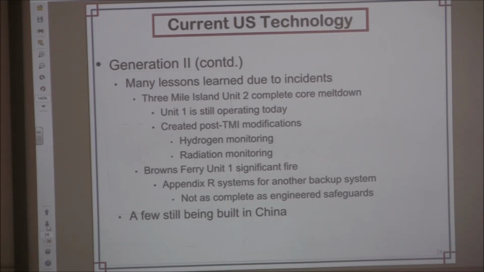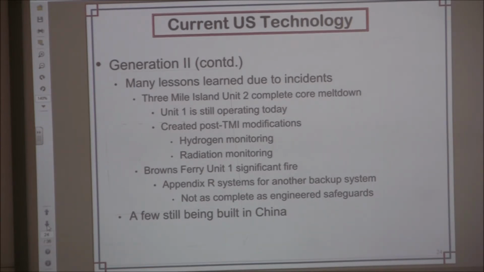We talked a little bit about the TMI Unit 2. Well, Unit 1, which is adjacent, is still operating today. So even though they had a meltdown at number 2, it is not a problem that they can't run it. We talked a little bit about the hydrogen monitoring. We also added some radiation monitoring to prevent radiation being released in the environment.